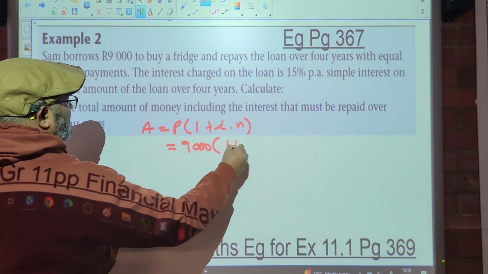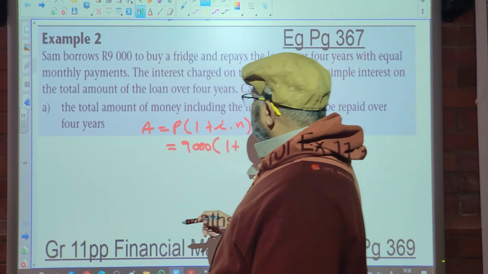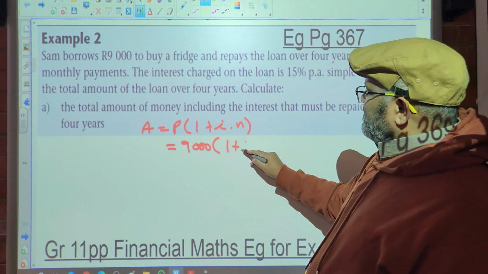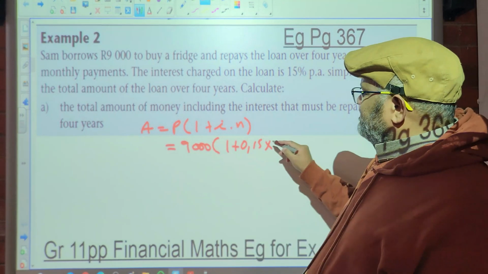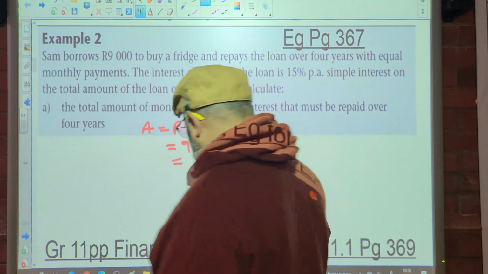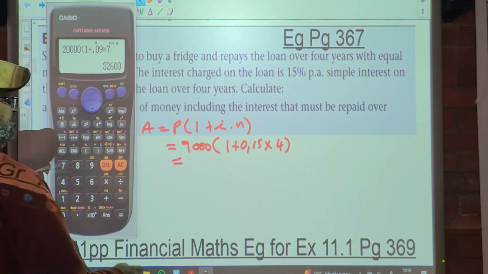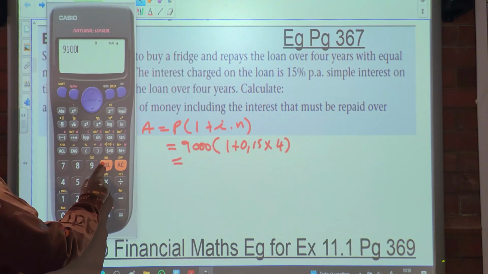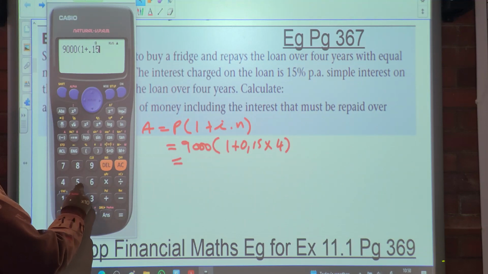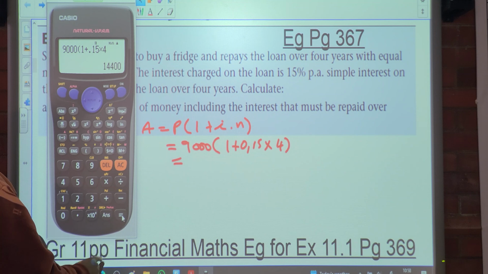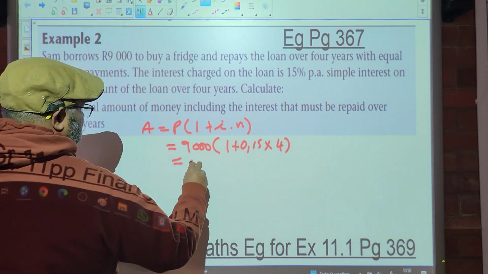So 9,000 into 1 plus 0.15 times 4 gives you 14,400.